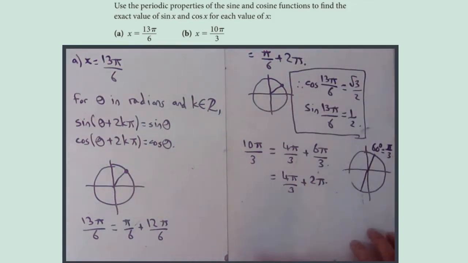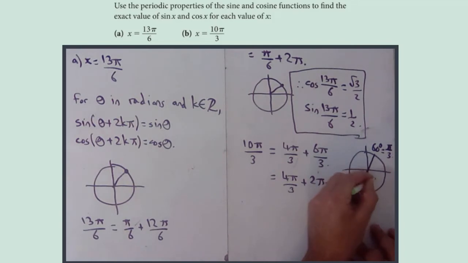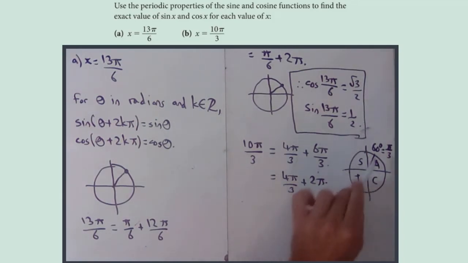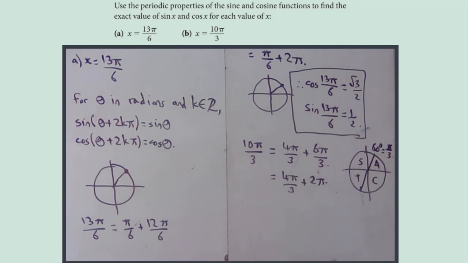So the parent angle is pi by 3, but we need to think about whether our sine and cos are going to be positive or negative in here, and we know this is CAST. In this quadrant, the sine and cos of 4 pi by 3 will have the same value numerically as sine and cos of pi by 3, but they will both be negative, because only tan is positive in that quadrant between 180 and 270 degrees.